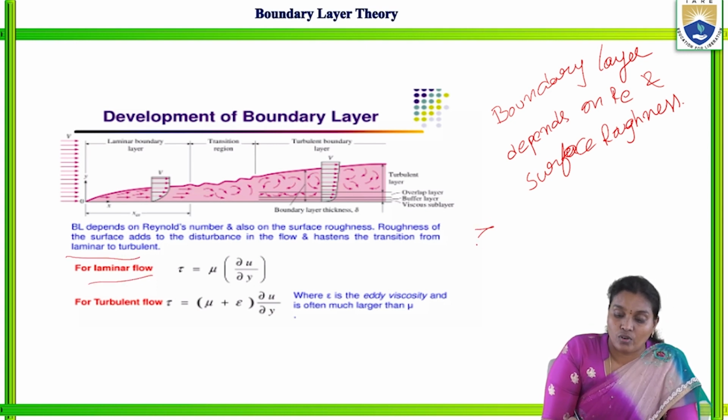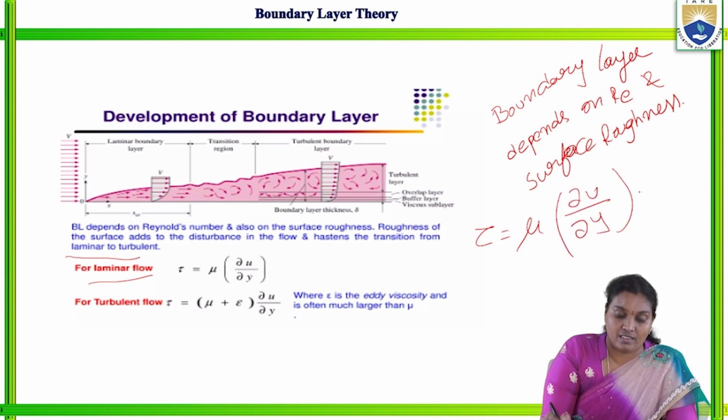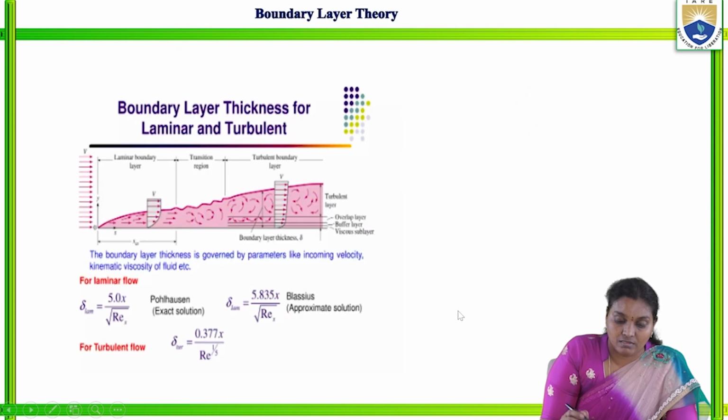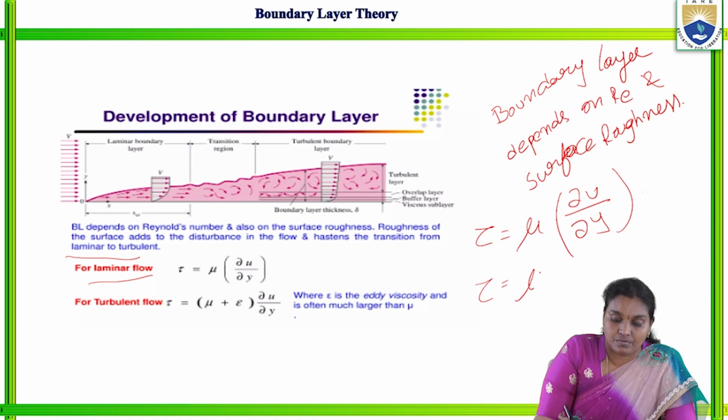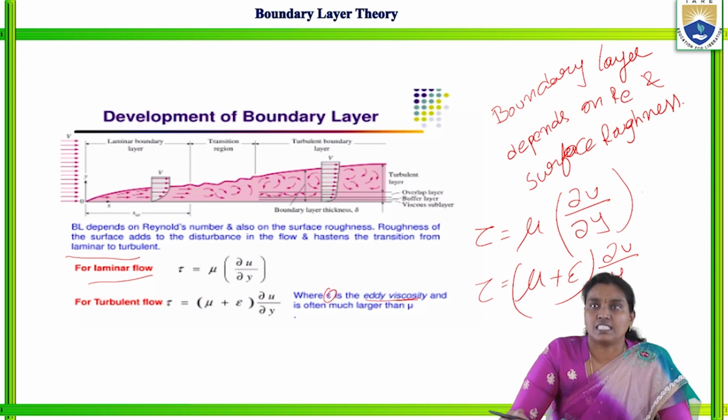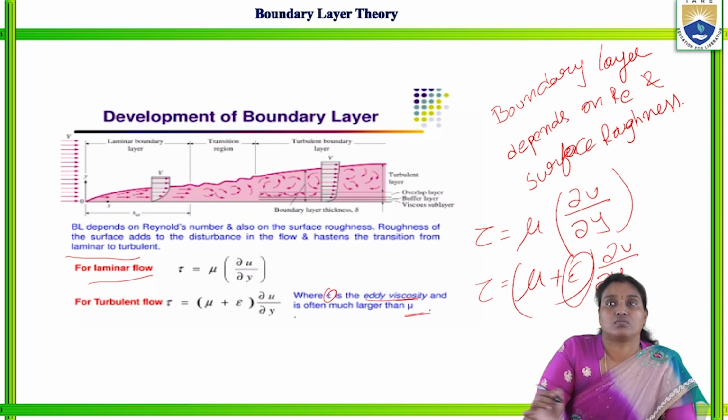For laminar flow, shear stress tau is equal to mu dou u by dou y. For turbulent flow, there is the eddy viscosity, which is often much larger than mu.